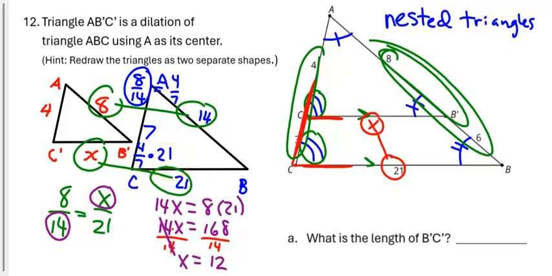And 21 divided by 7 is 3. So I would be taking 4 times 3, which is the 12. So a couple ways of doing it. Proportion always works. The other method, depending on the numbers, may or may not work, but the proportion method will always work.